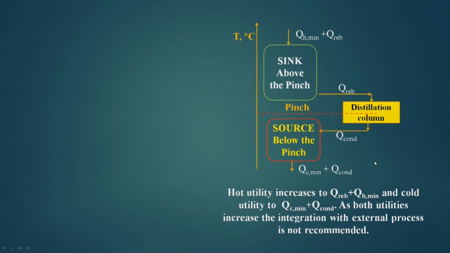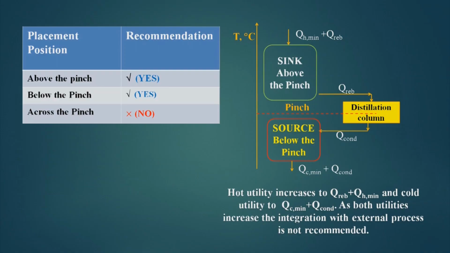Now, if I see separately, if I operate the system and distillation column separately, this is the amount of hot utility and cold utility I will consume. So, I am not getting any benefit out of it, and that is why the third recommendation is that we should not place a distillation column across the pinch.